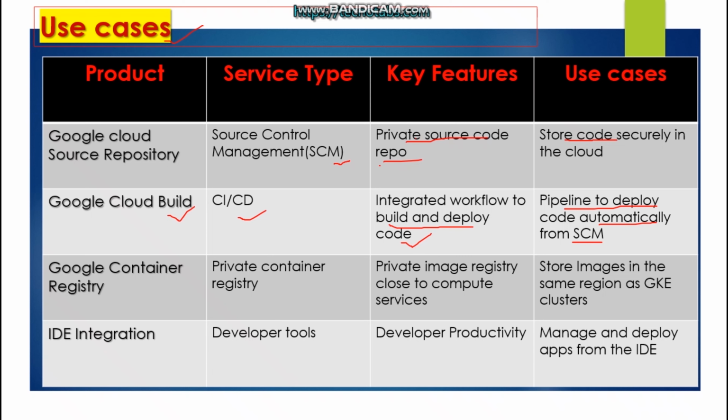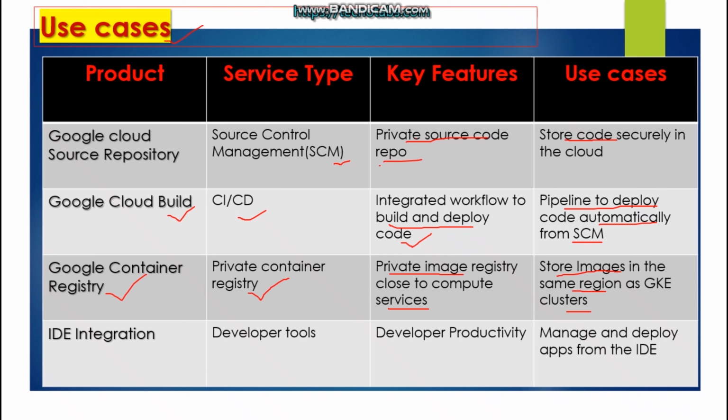The Google Container Registry service basically acts as a repository which stores private images close to your compute services. So it will be using the same network where your code is being deployed, and it will be very fast. It stores the image in the same region as the GKE cluster, and it's a private container registry.